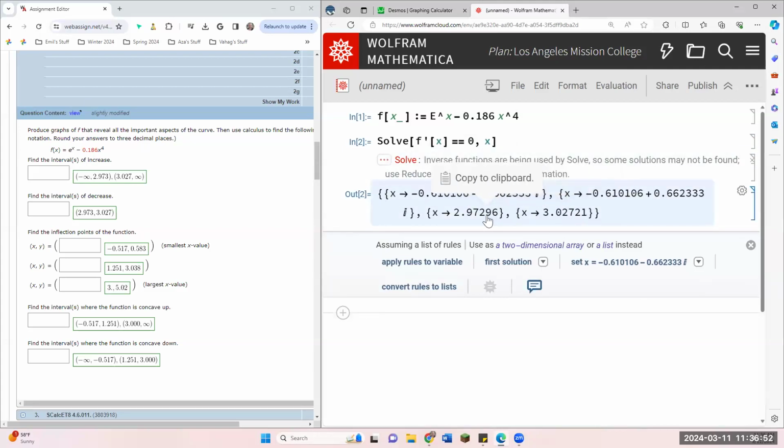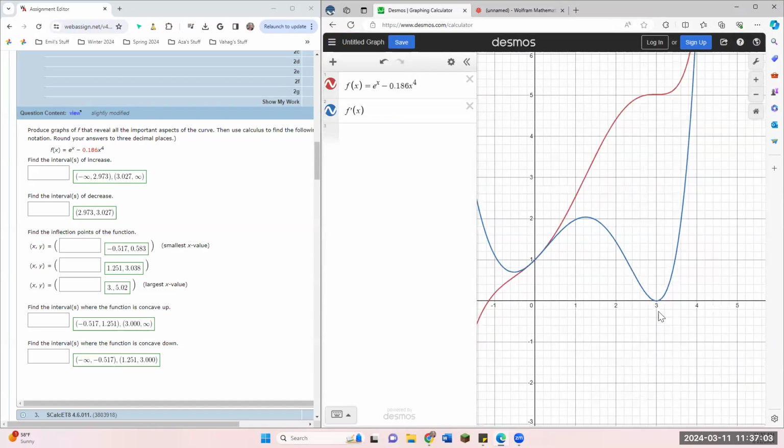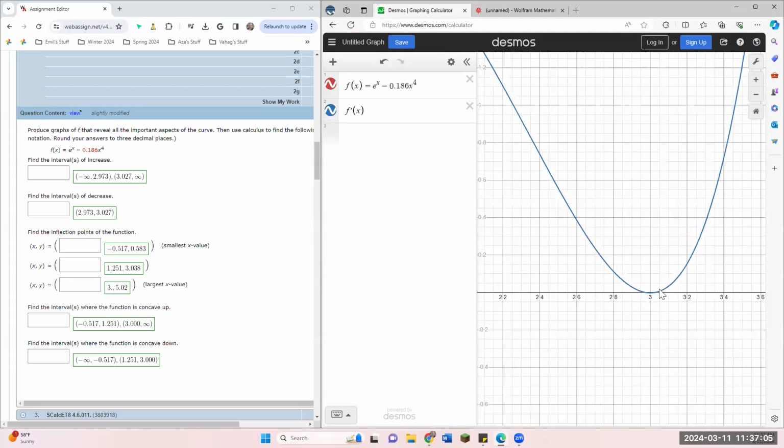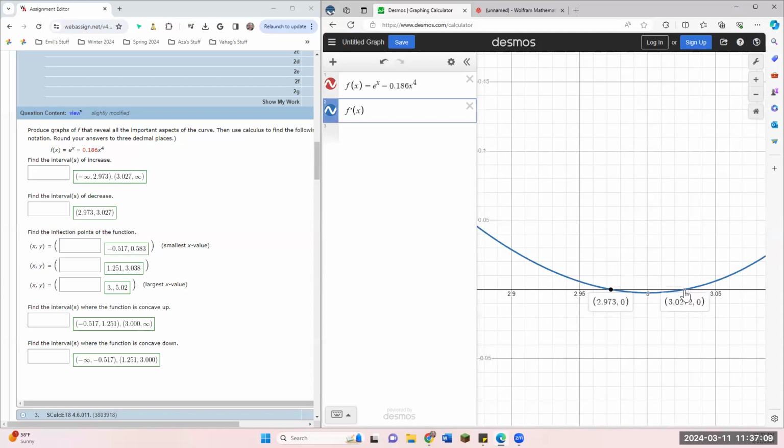So this is when the first derivative changes signs, right? It crosses the x-axis twice. Those are these values here. If we zoom in, we can in fact see what those are. There they are. So clearly, what's going on is that the function is decreasing between these two points. Otherwise, it is increasing.